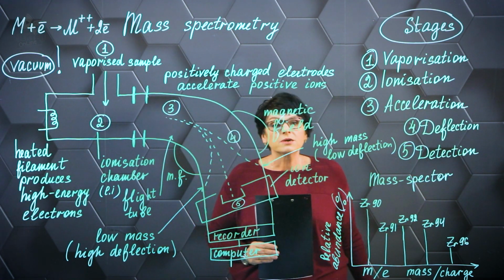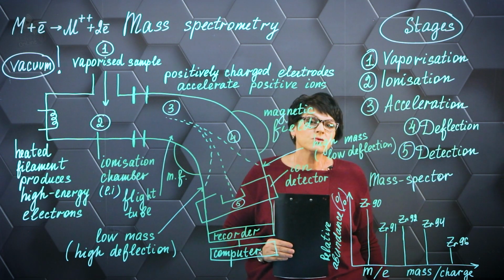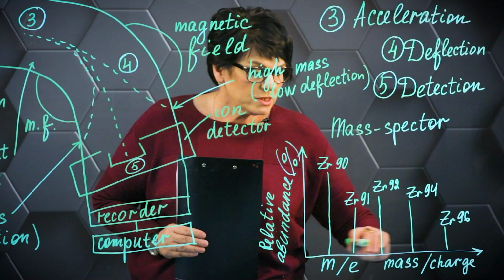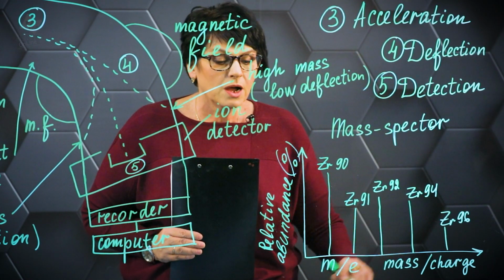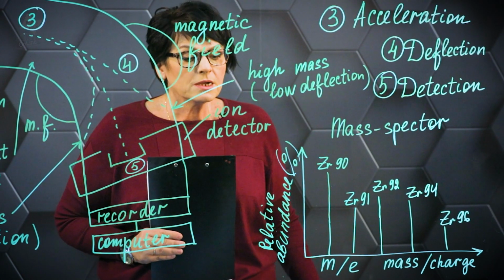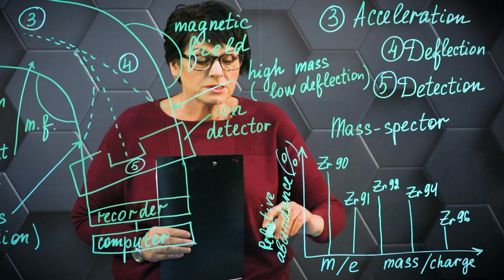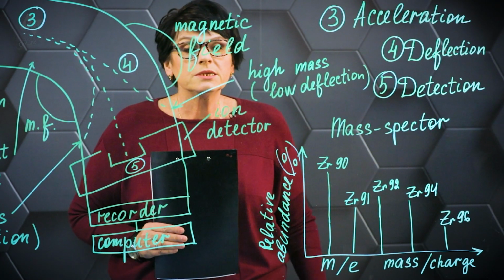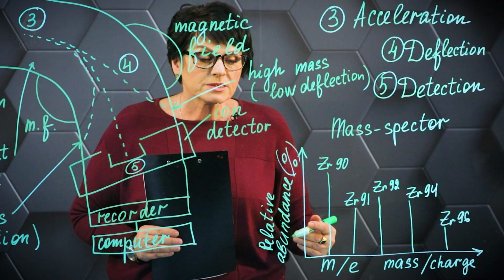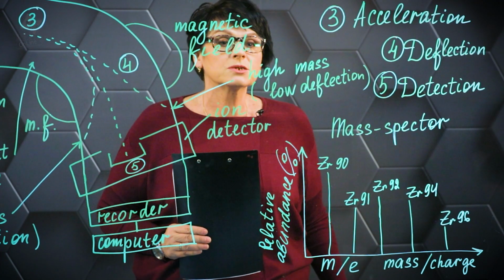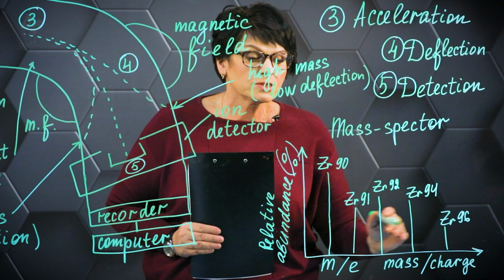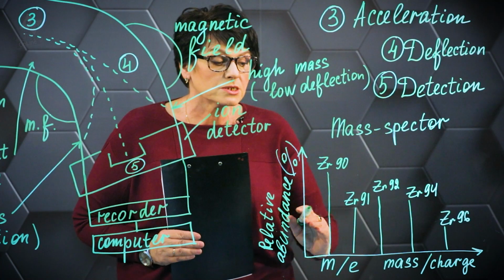What is included in it? Mass spectra can be constructed as follows. For example, the x-axis is the ratio of mass to charge, and on the ordinate axis we can put, for example, the percentage of a particular isotope in nature if we're analyzing isotopic composition. Using zirconium as an example, I'd like to show you what this mass spectrum looks like.